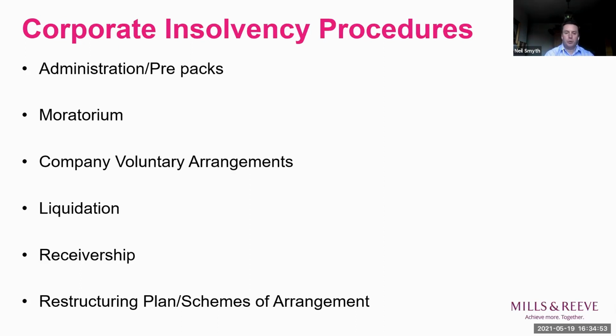The main differential between Chapter 11 and the other insolvency processes set out on this slide is that Chapter 11 is described as debtor in possession. So unlike in the UK, where apart from the moratorium process, the insolvency process is overseen by an insolvency practitioner, usually an accountant, the moratorium is a process whereby the directors remain in charge.